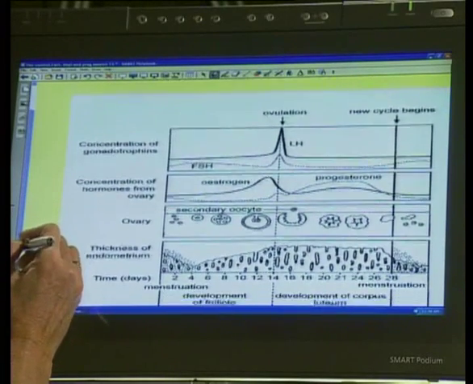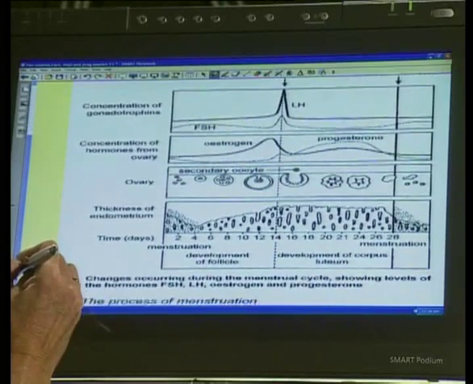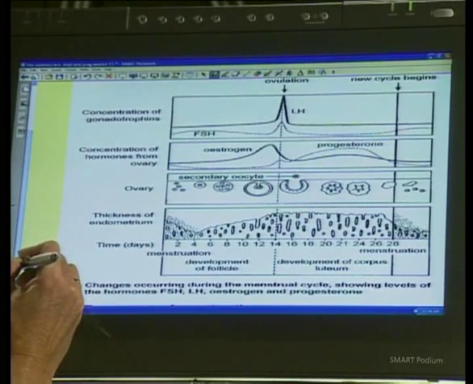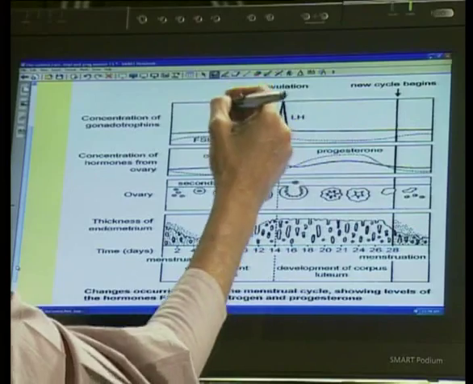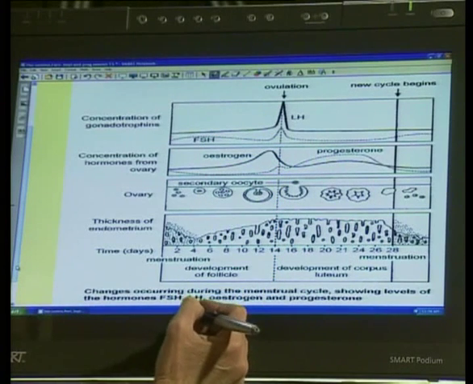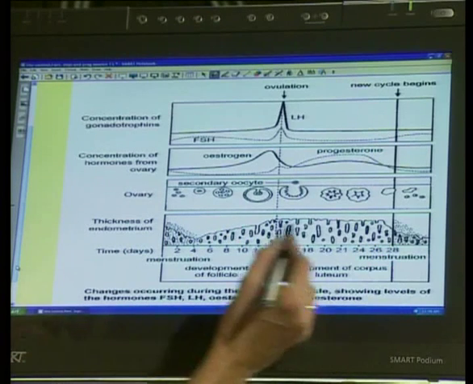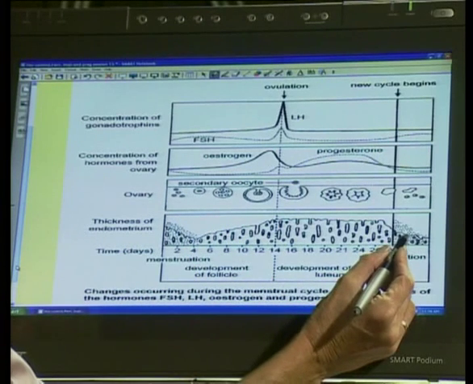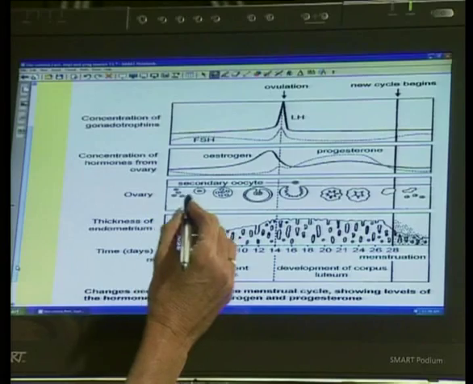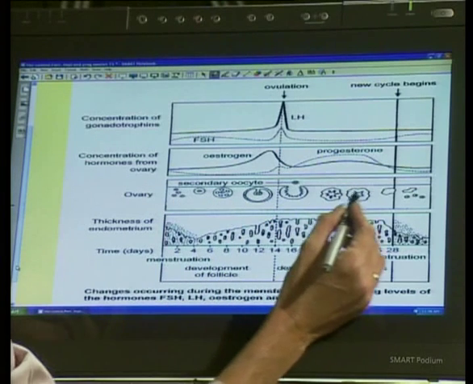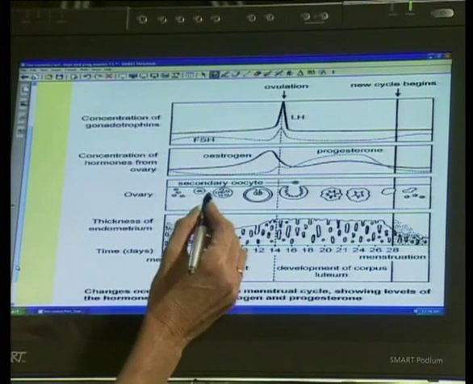So what I want to show you here, and this is something they can give you in an exam. They can give you all 4 processes. Now, if you look here, there you've got the thickness of the endometrium. The endometrium is the inner lining of the uterus. There is the ovary and what's happening to the egg cell in the ovary until it is released.